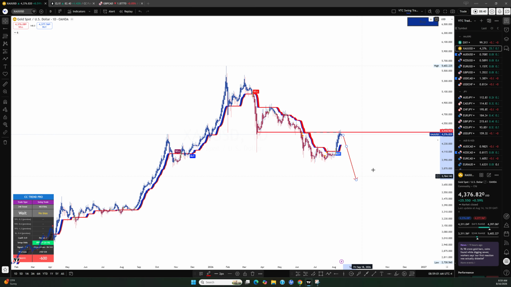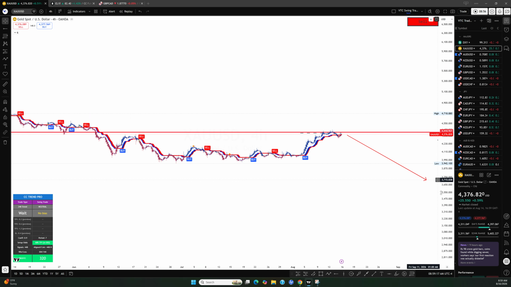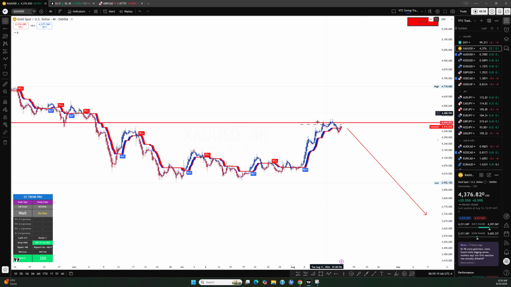So we don't want to predict. We just want to react to what the market is giving us. So how do we trade this? Simply, if we're going to stick with the blueprint mode, we're going to follow the 4-hour direction or 4-hour trend. So if the 4-hour goes bearish, then that's the direction we want to trade in here on gold.